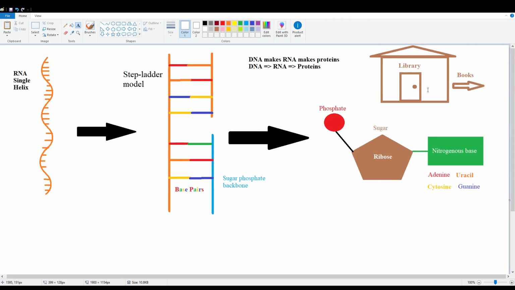So let's jump into the structure. Again, this is going to look quite similar to my video on DNA, and that's the point, because RNA is quite similar in its structure to DNA. So I try to draw it in kind of the same way, but I'll try to make it understandable regardless. So let's go.